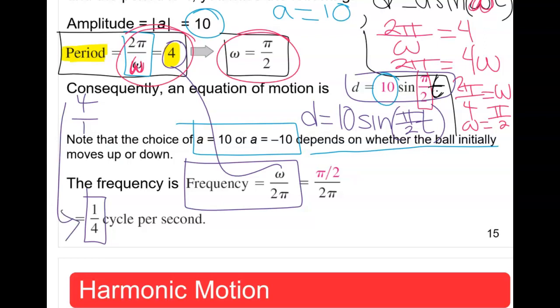Now, if you don't know what the period is, but you know the equation, so you know what omega is, you could find the period, but you could also use the formula for frequency, and you will use omega. I'm just going to rewrite what's here, divided by 2 pi.